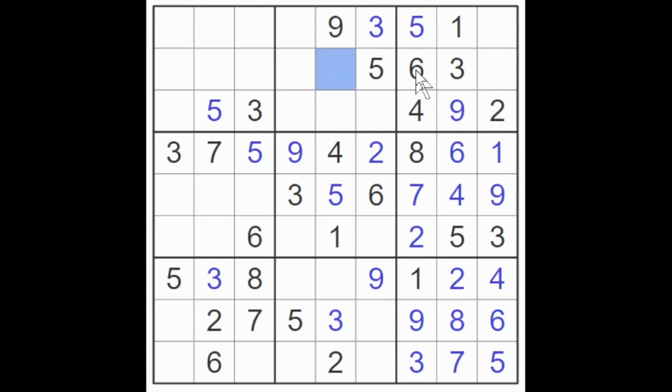And we have a 6 here. So this is a 7 or an 8, and this is a 7 or an 8. And that gives me a 2. See if you can figure it out, because it's not really obvious.